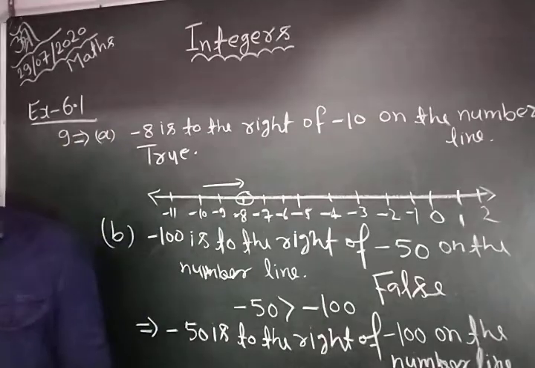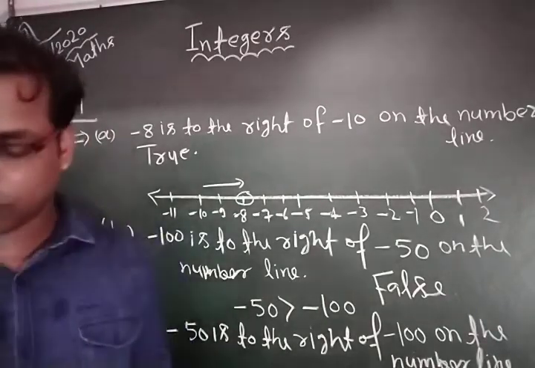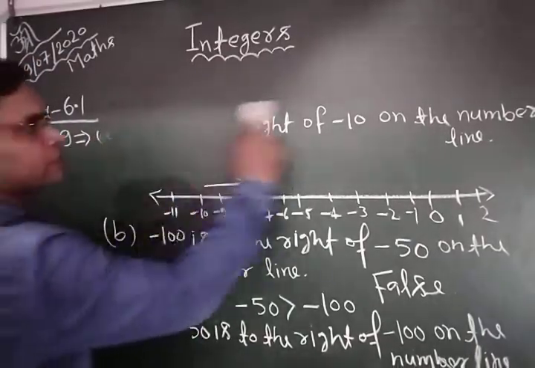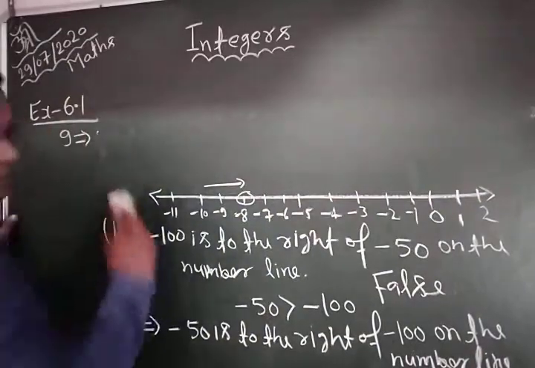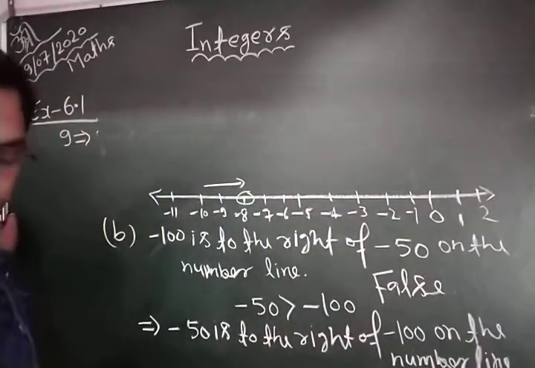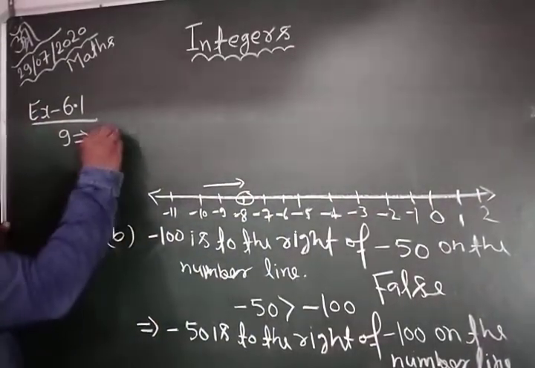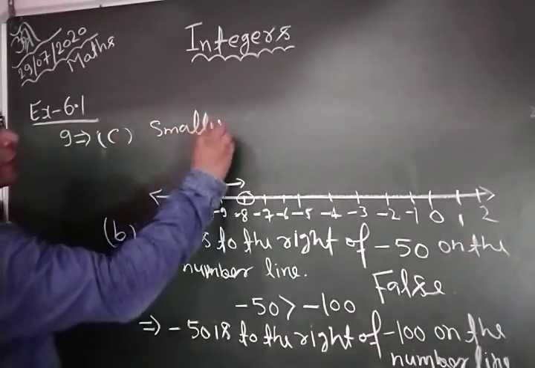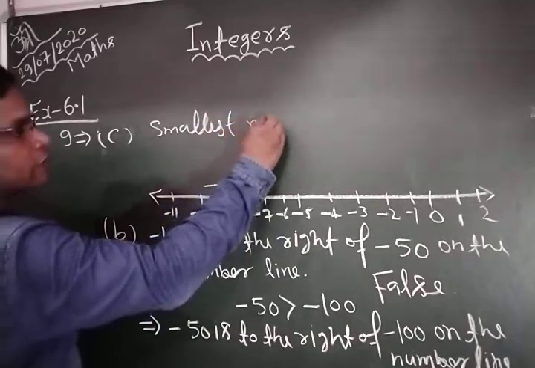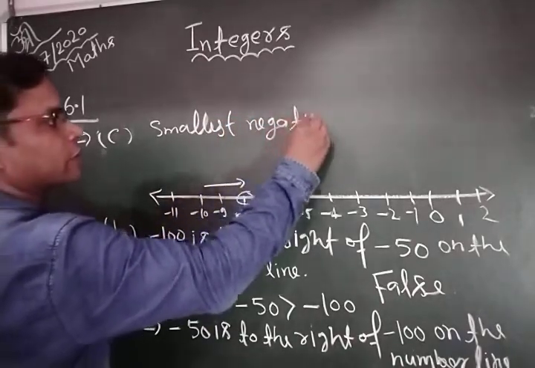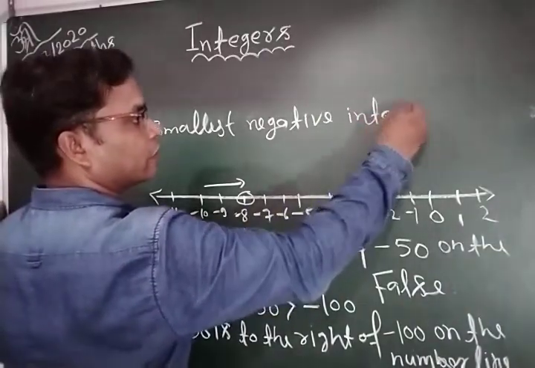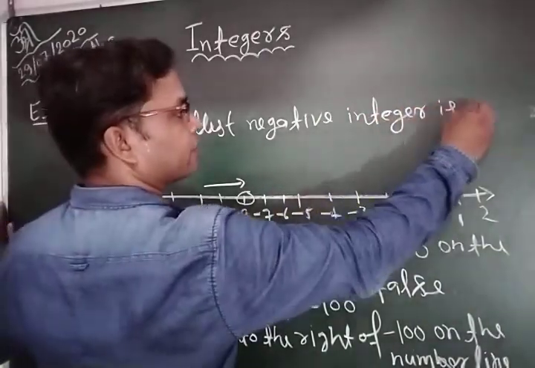Now, C part. The statement is: smallest negative integer is minus 1.